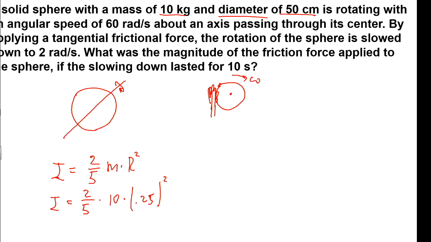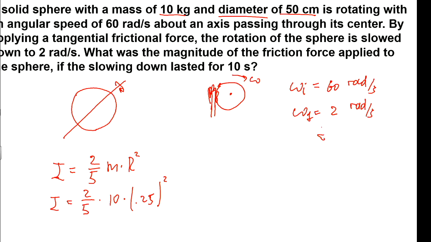We apply an external torque, friction, for example, and it slows down. The initial angular velocity was equal to 60 radians per second. The final angular velocity was equal to 2, not 0, radians per second. So we just wanted to slow it down.